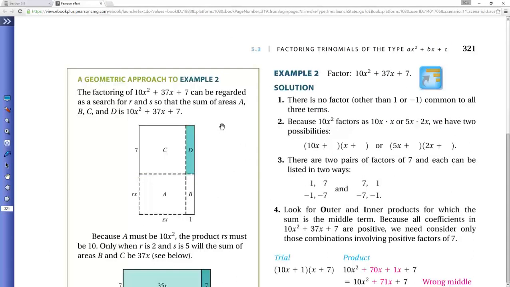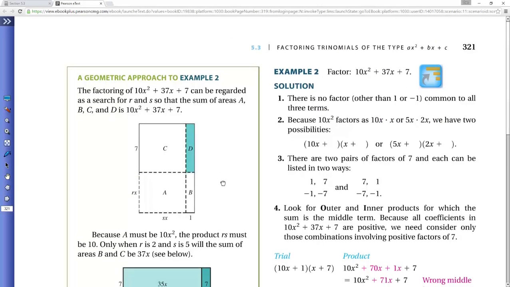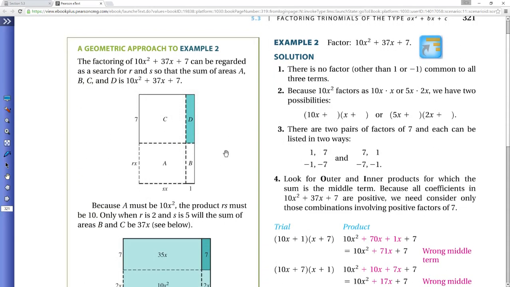So let's look at example 2. Now we have 10x squared as the first term. So now it gets a little more complex, not more complicated, just basically more combinations.